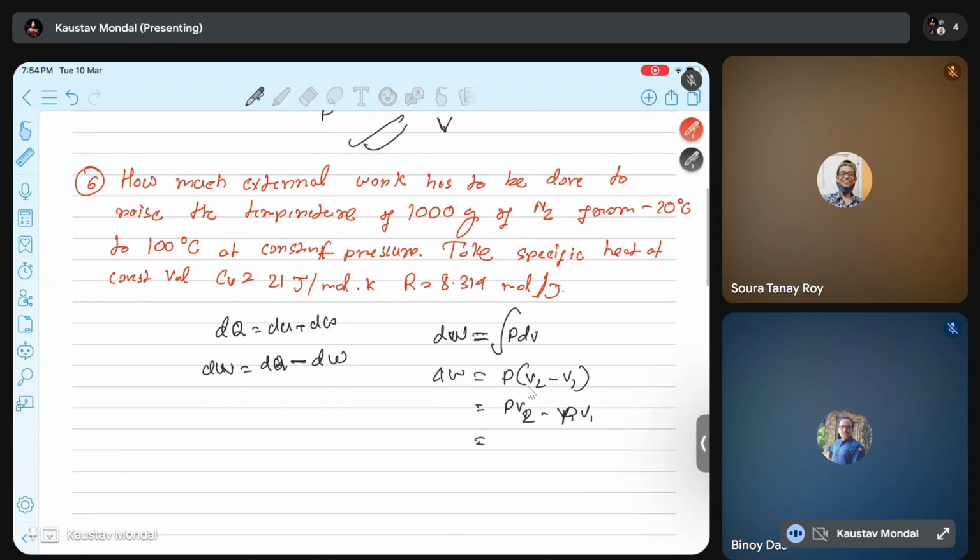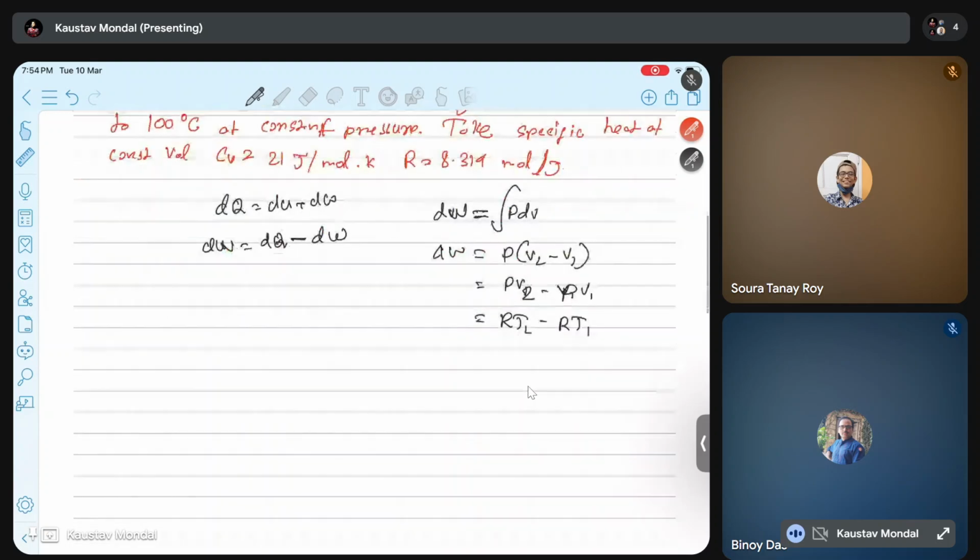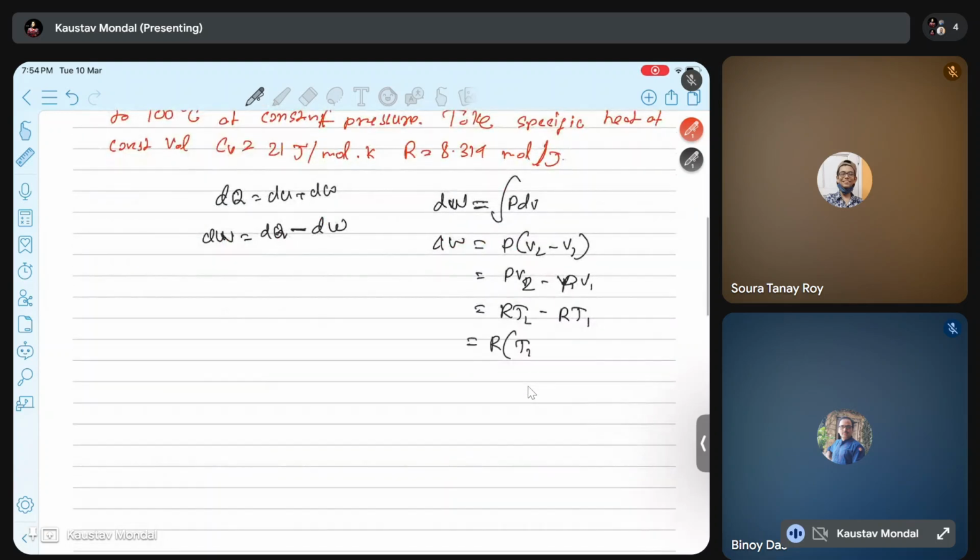This is nothing but R T2 minus R T1, so R into T2 minus T1. Just substitute that. T2 minus T1 would be 8.314 into the difference, 100 minus minus 20, so it would be 120. Just multiply these two things.